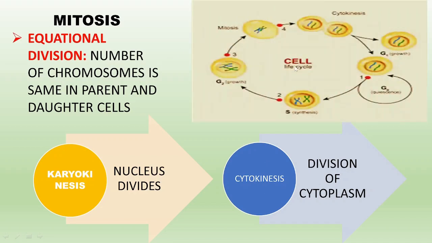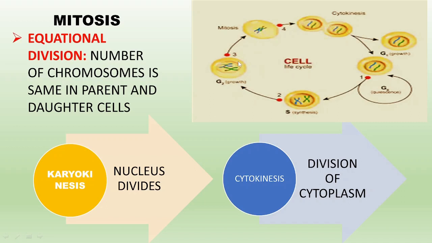Now, here you can see the cell cycle. So here the cell, okay, this is the cell cytokinesis, it formed two new cells. After the formation of the two new cells, what happens? It undergoes interphase: G1, then S phase and then G2. In S phase, what happened? The DNA replicated.